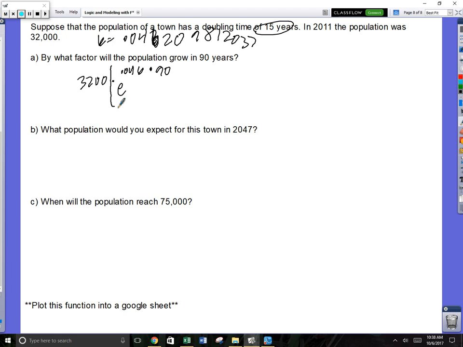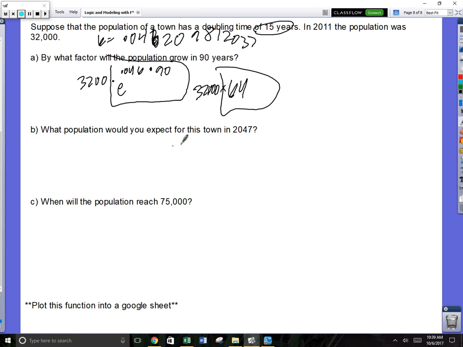They want this value right here. So if I go e to the k times 90, that is 64. So I'm going to times 32 grand by 64, and that will give me my new population. So 64 is the factor that we times by. That's the answer to A.